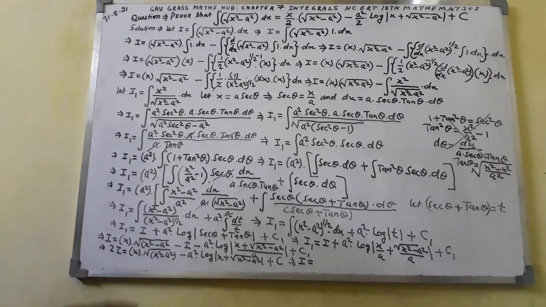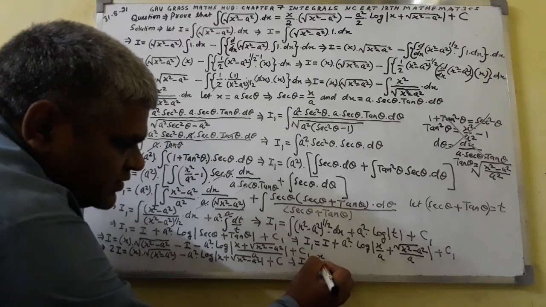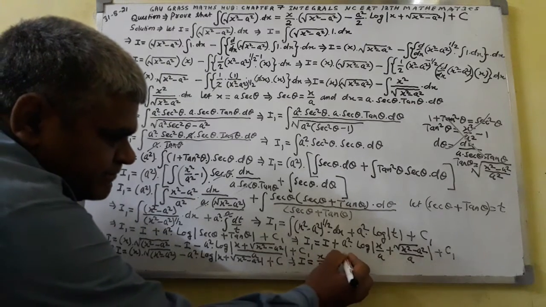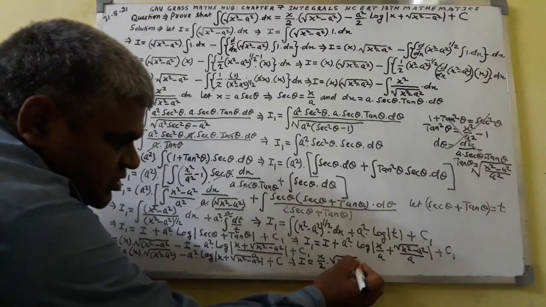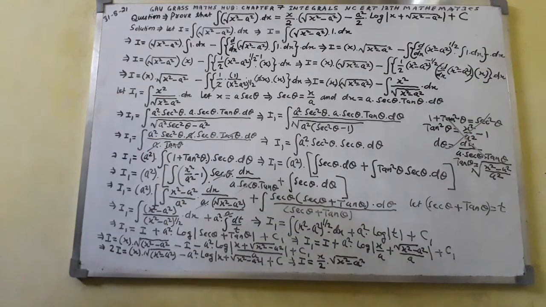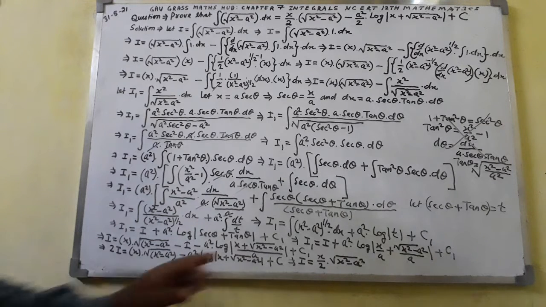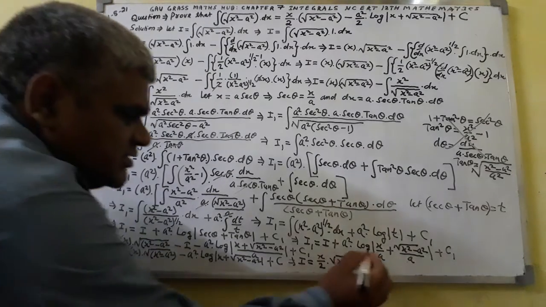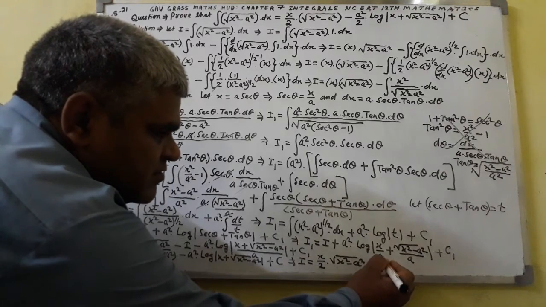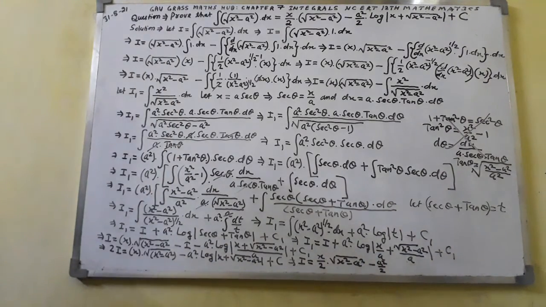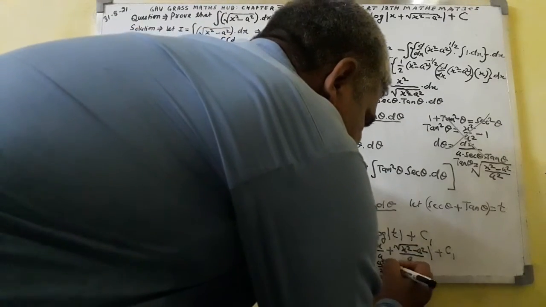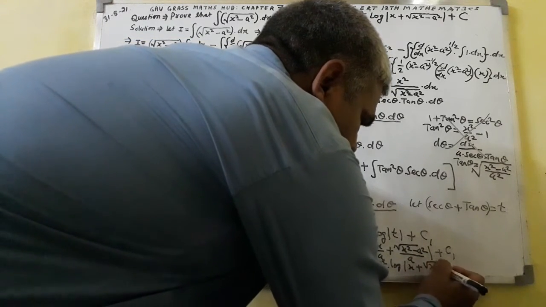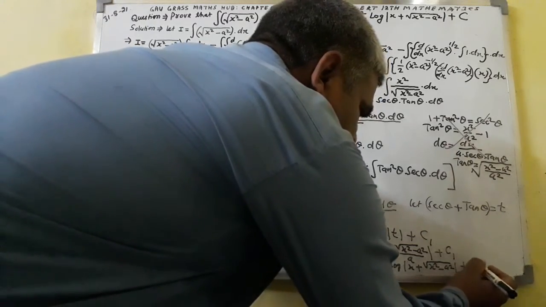It will become x over 2 dot under root x square minus a square minus a square over 2 dot log mod x plus under root x square minus a square plus c.